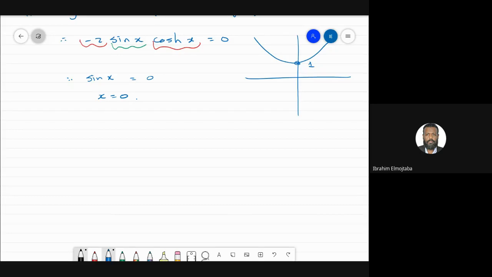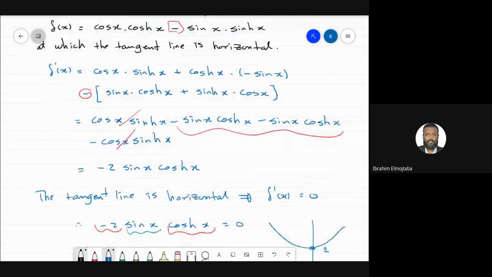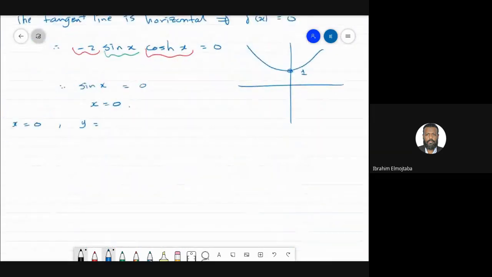When x equal to 0, then y will be cosine 0 hyperbolic cosine 0 minus sine 0 hyperbolic sine 0.